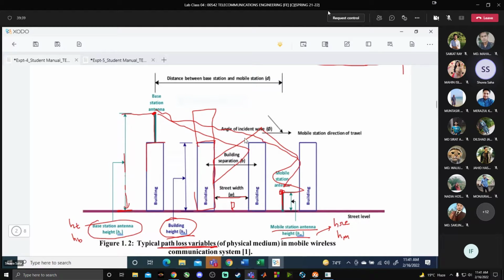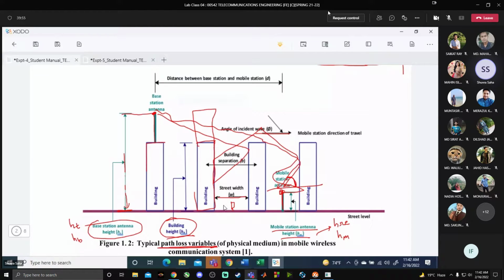Also the angle of the incident wave is a factor. Suppose a wave is coming to your mobile set like this. What is the angle of this ray with respect to the ground reference level? That will also control the amount of path loss.